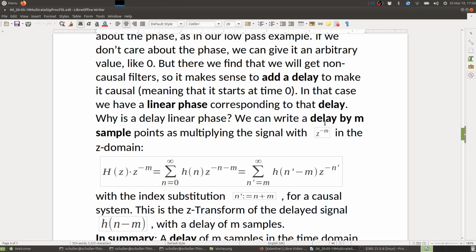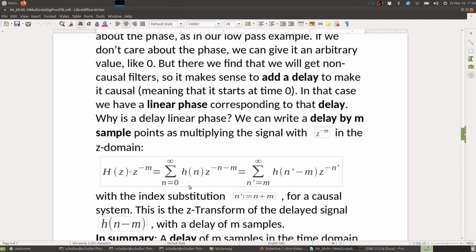We can write a delay by m sample points as multiplying the signal with z to the minus m in the z domain. Right. So here we see it. We have h, which could be our filter, and then we have the z transform of the filter as H(z). And if you multiply it by z to the minus m, then this basically gives it a delay by m samples.